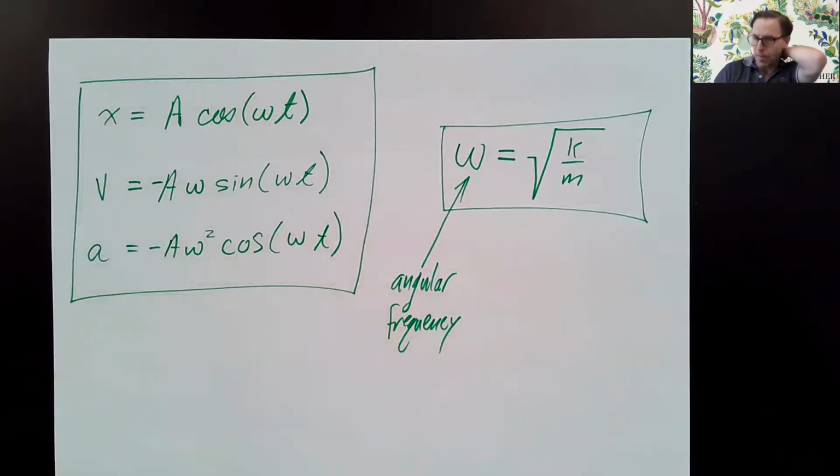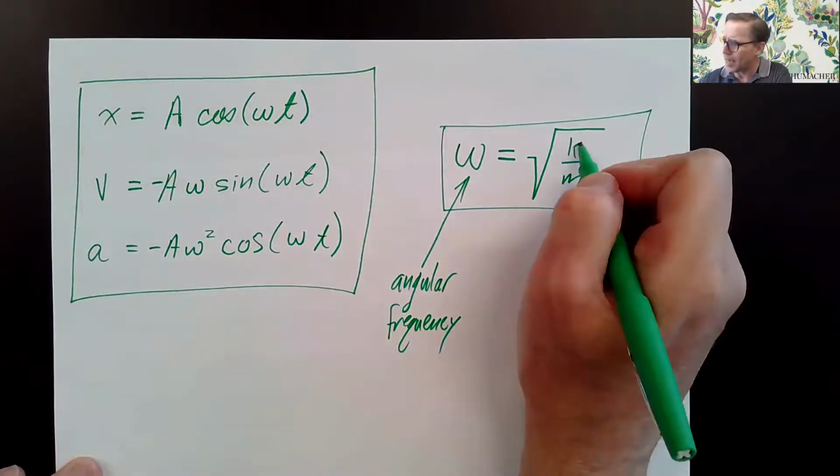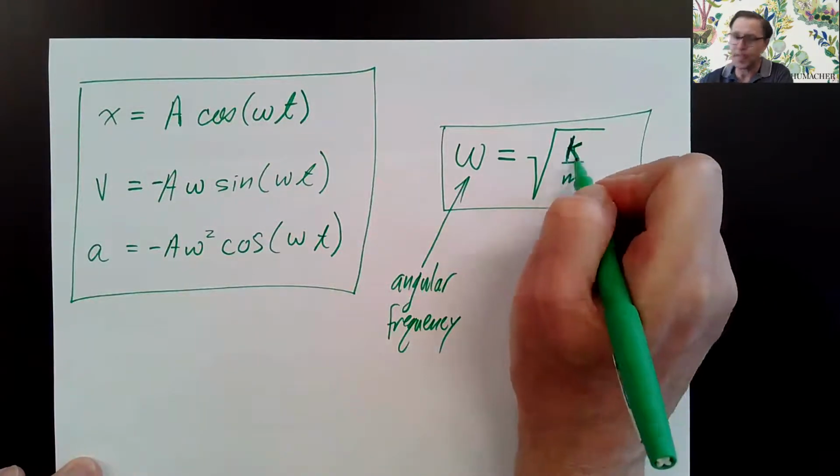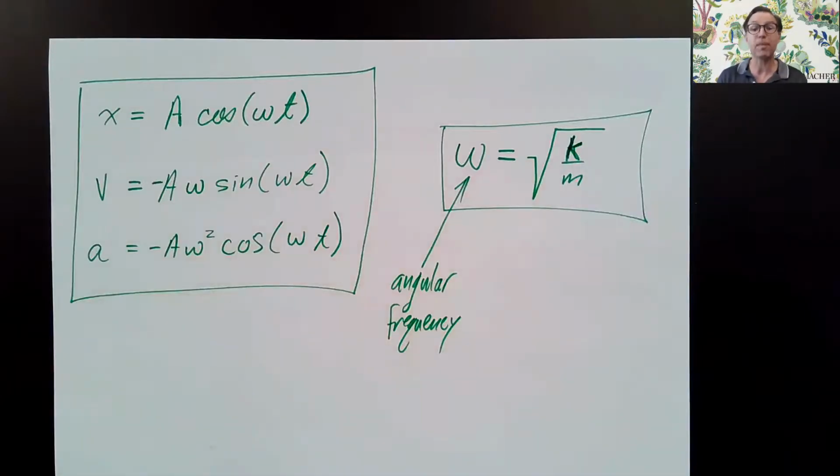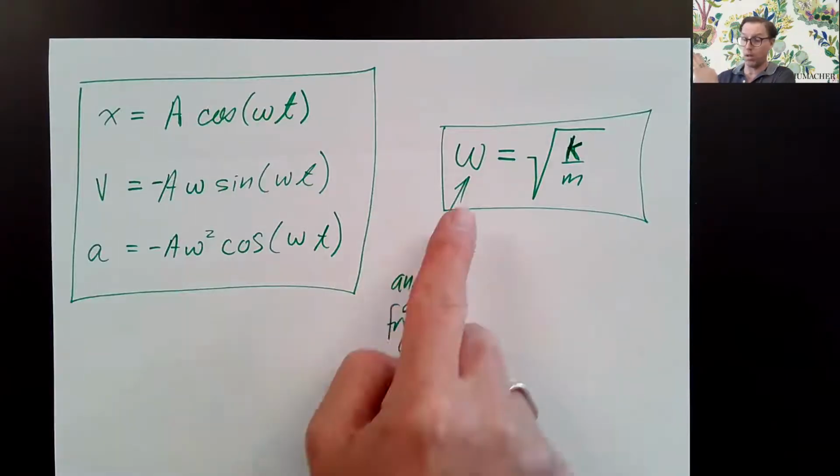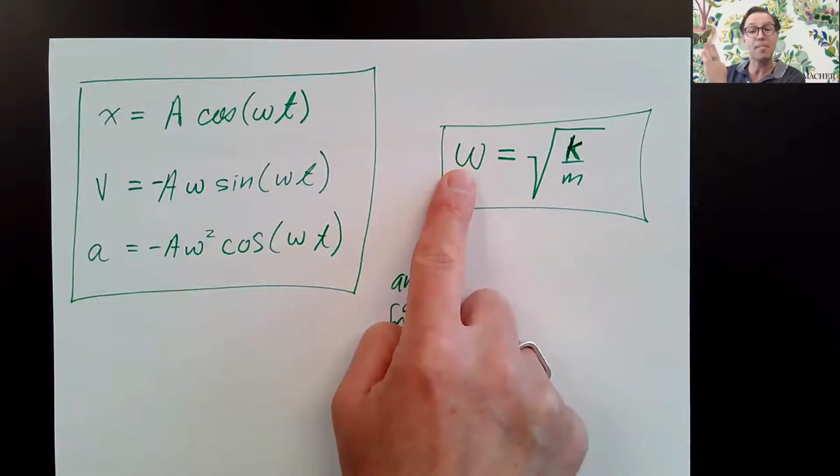What I have found in my 30 years of physics teaching is that one of the hardest things for students to remember is, is it k over m or m over k? So first of all, I'm telling you it's k over m, so maybe you just want to memorize it. But think about an oscillator going back and forth. Maybe for some reason it's going really slowly with a smaller omega. Why would that be?